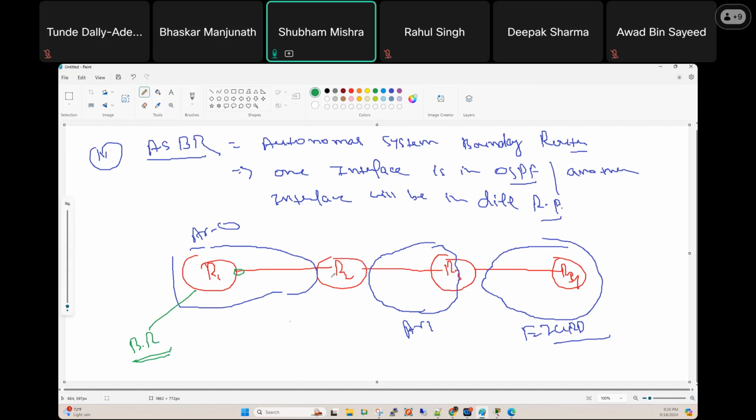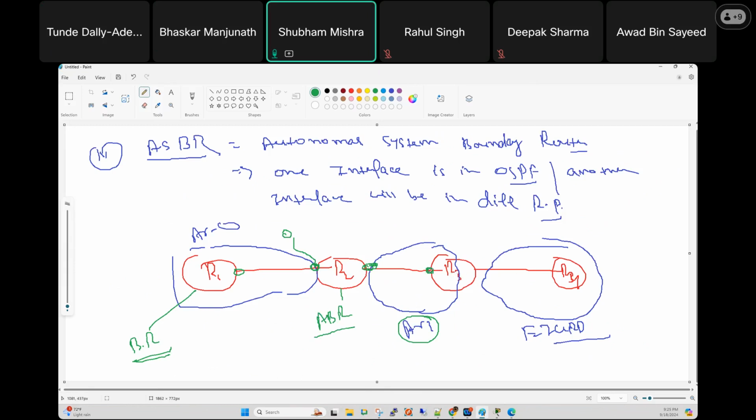Come on, R2. This interface belongs to area number 0 and this interface belongs to area number 1. So it's a border router, an area border router. That is called an ABR router. Done, everyone. Now come to this router.